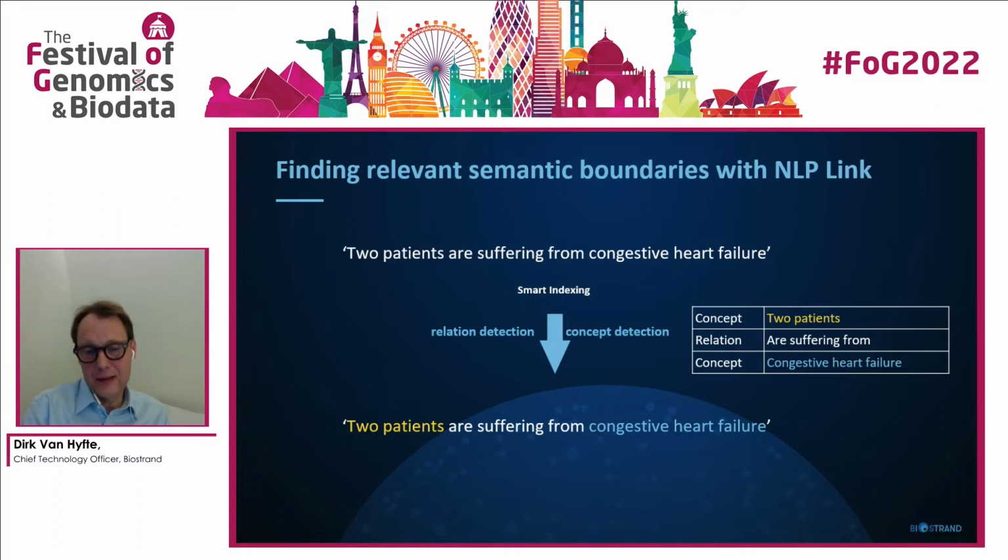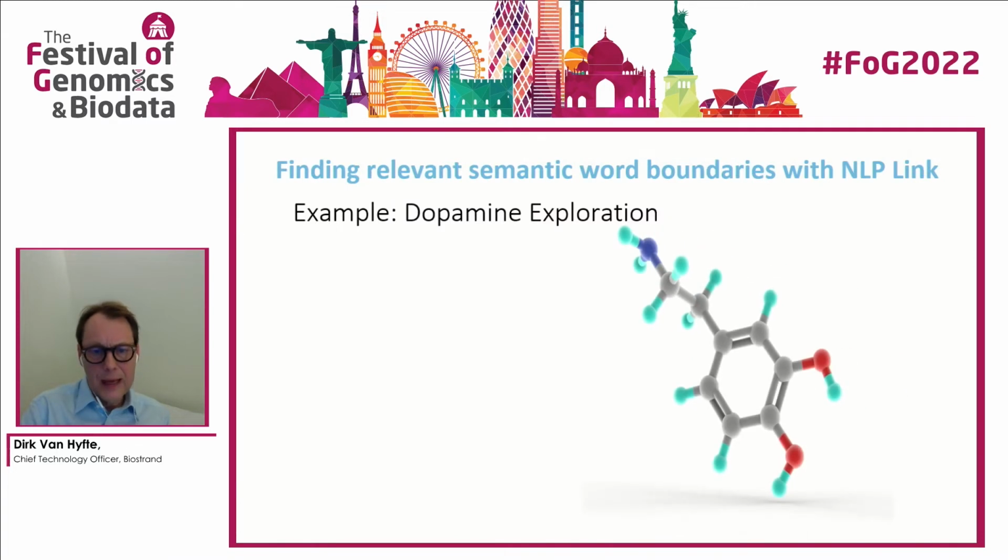And in this case, we know exactly that it's about 2 patients that have congestive heart failure. So we are able to grasp these meaningful word groups again without predefined knowledge. And that helps to understand also the right semantics of the sentences that you can find in this unstructured information.